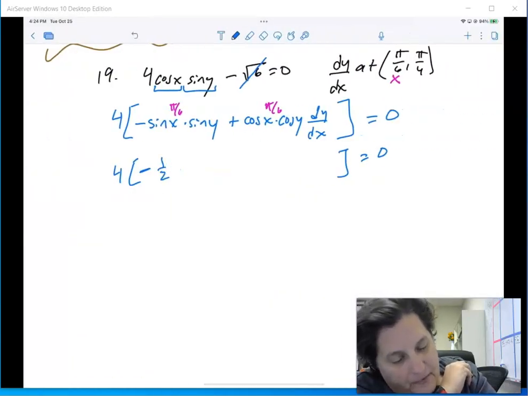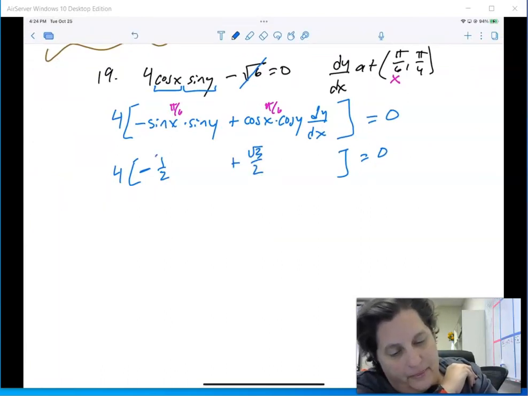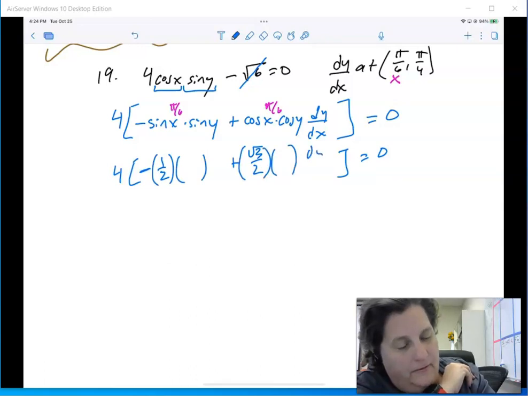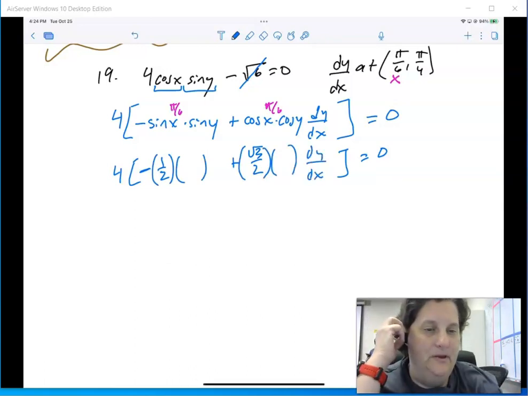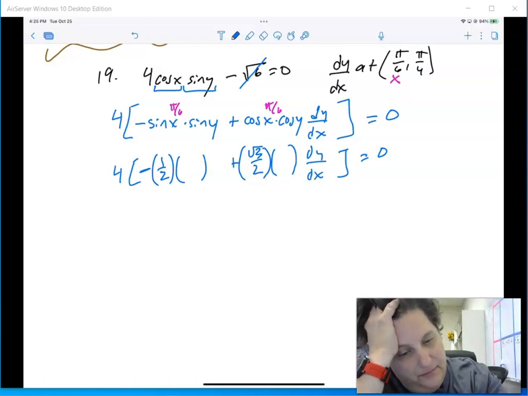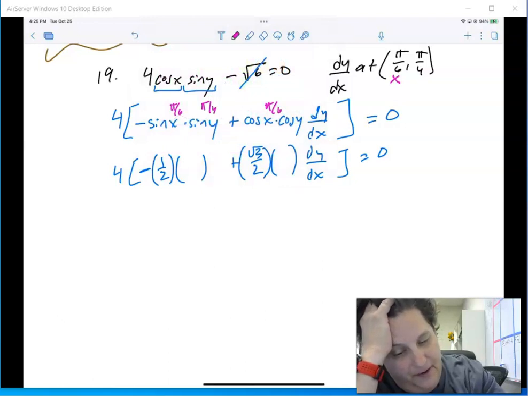The cosine was root 3 over 2. All right. Next, pi over 4. The sine of pi over 4 is root 2 over 2. The cosine of pi over 4 is also root 2 over 2.